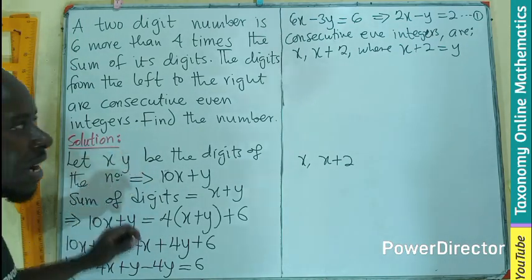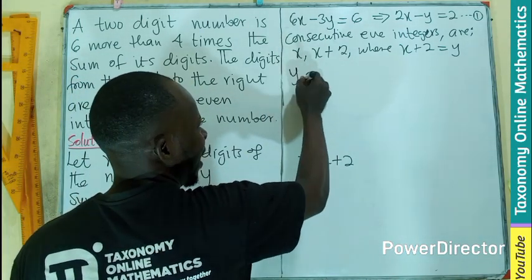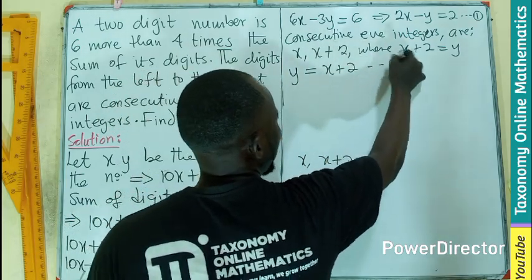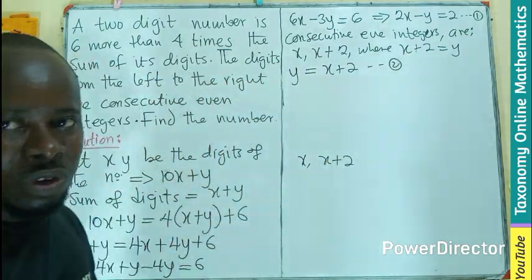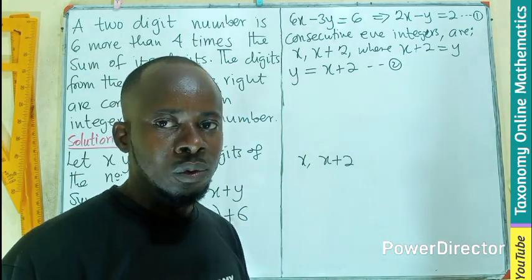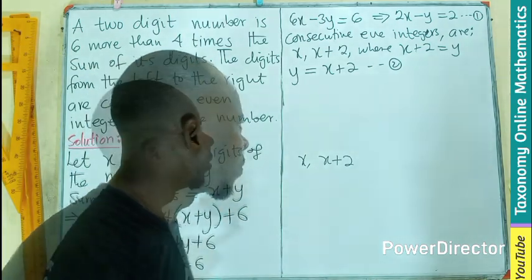The first number, the second number. So that means y = x + 2 is the second equation. So these are two equations that have two unknowns that can be solved simultaneously.